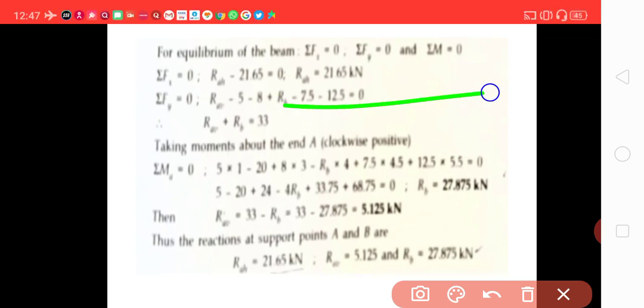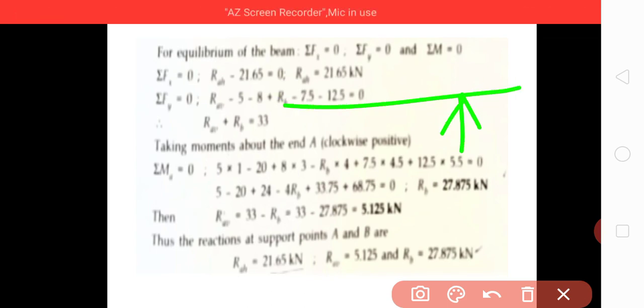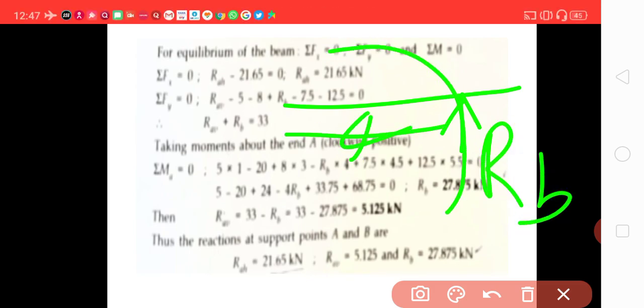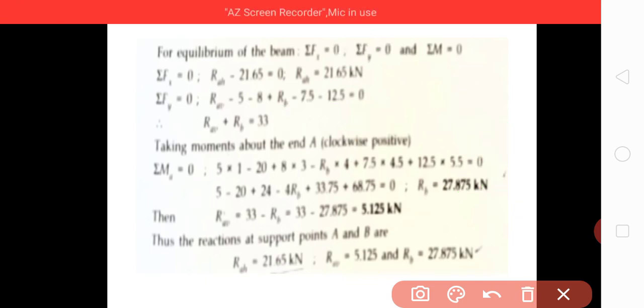Because this RB is acting here, at a 4 meter distance from here, it will be giving a counterclockwise moment like this. Then 7.5 into 4.5 plus 12.5 into 5.5. On solution, RB comes out to be 27.875.